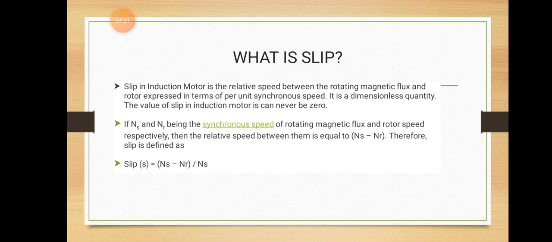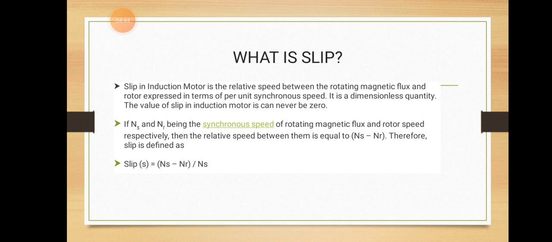So what is slip? By definition, slip is the difference between the synchronous speed and your normal motor speed. Let us see the definition. Slip in an induction motor is the relative speed between the rotating magnetic flux and the rotor, expressed in terms of per unit synchronous speed. It is a dimensionless quantity.